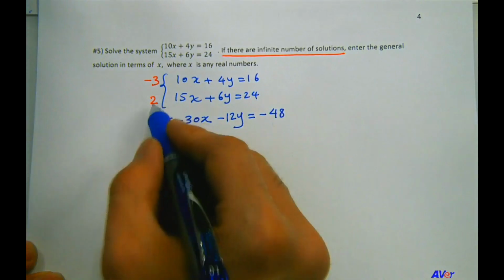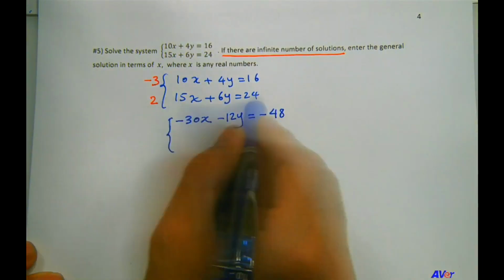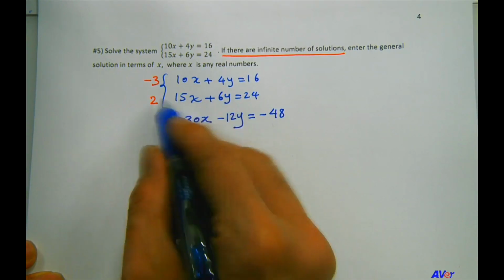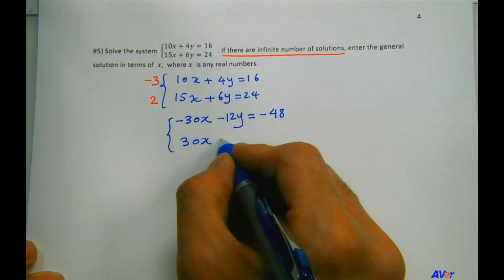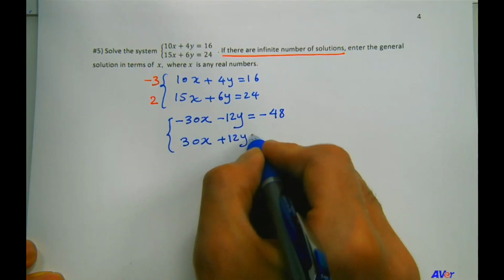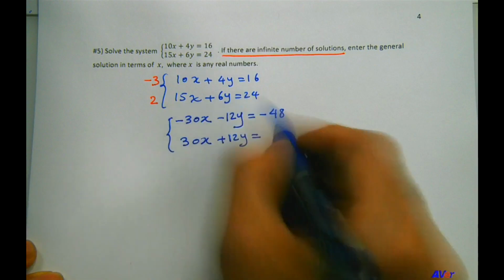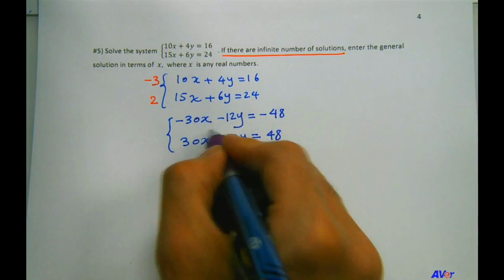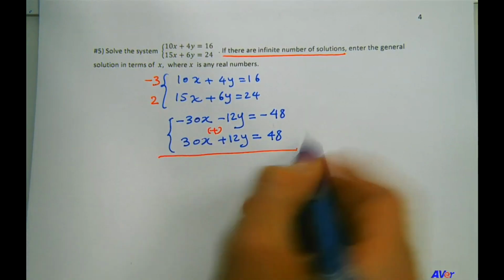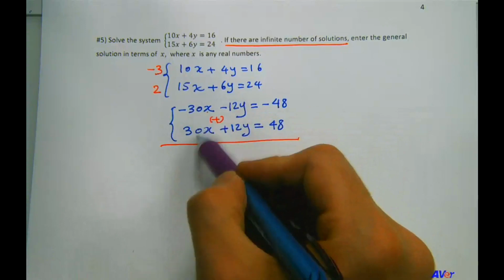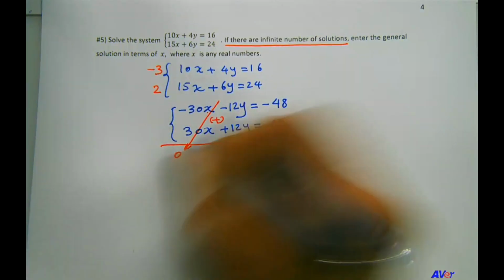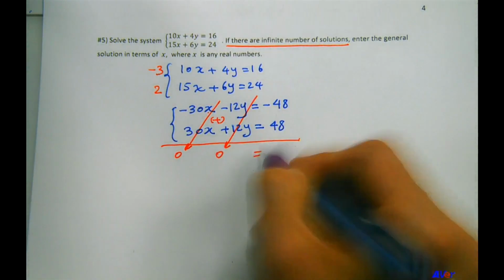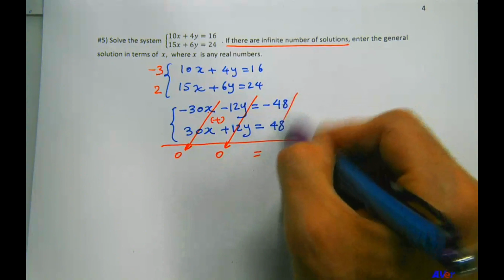Now distribute the 2 into the bottom equation. 2 times 15x, 30x. 2 times positive 6y, plus 12y, equals 2 times 24, positive 48. Now let's add the 2 equations. What do we get? Negative 30x plus 30x, 0. Negative 12y plus 12y, 0. Equals negative 48 plus 48, 0.